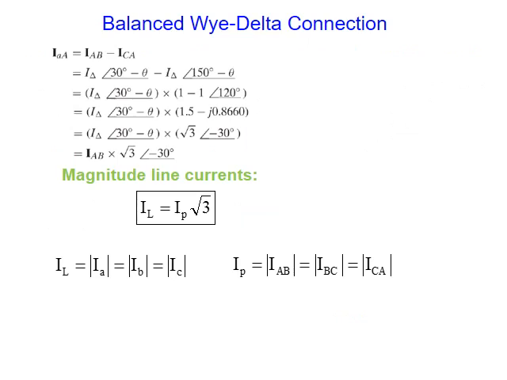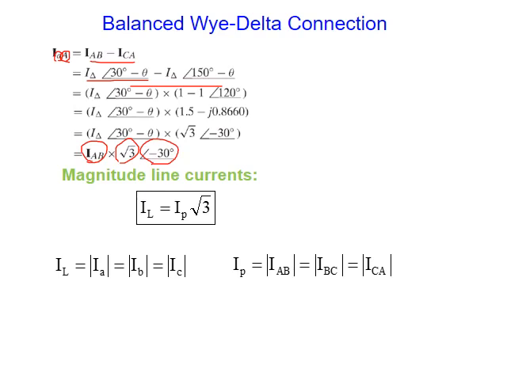If we want to find the current between point A of the source and point A of the load, which is the difference between two currents at the same point A, between IAB, which is out, minus ICA, which is in, then we substitute for the two currents and use trigonometry. What we get is IAB, which is line to line, multiplied by square root 3 with angle minus 30.